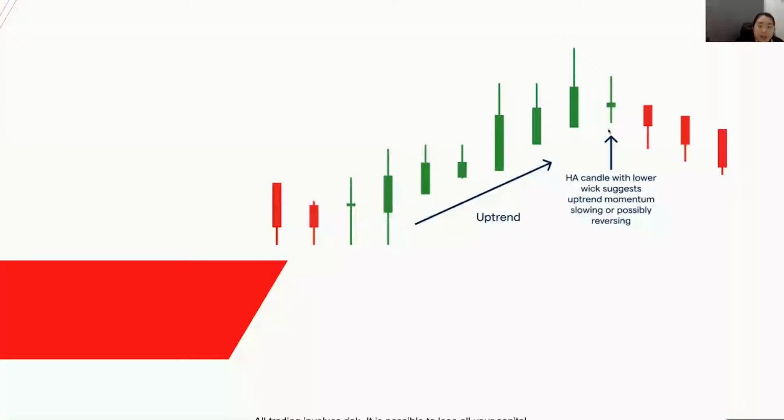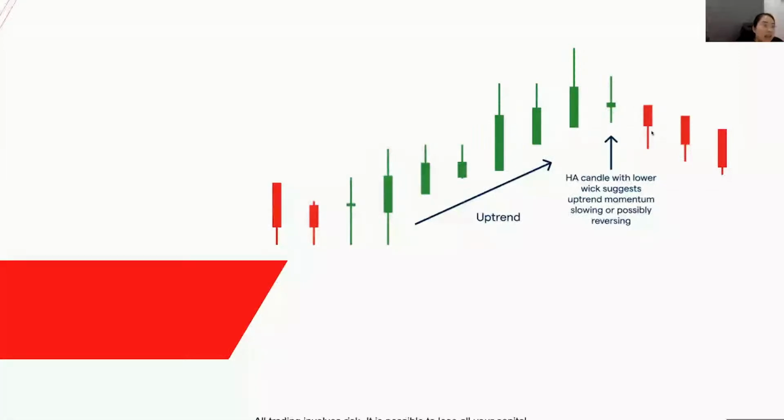That is the Heiken Ashi's first sign to you as a trader that the bullish momentum is weakening, the uptrend momentum is slowing, or there may be a possible reversal.